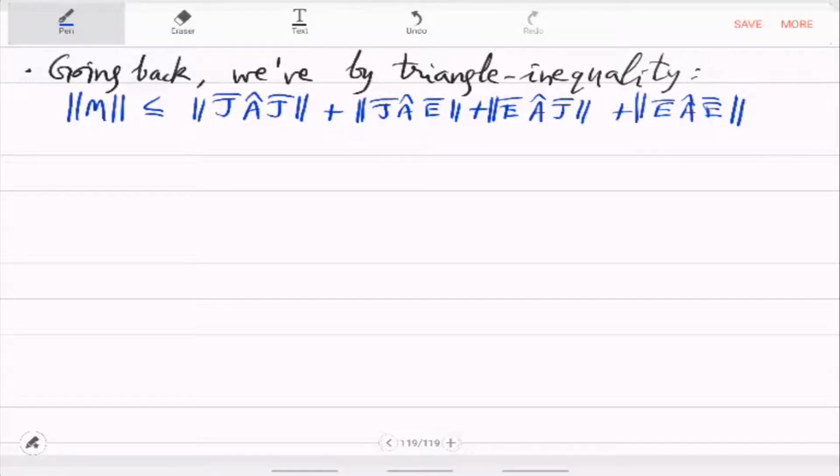And then you use the multiplicative property of norm, which is that the norm of a product is less than or equal to the product of norms. So the first one I don't change, I keep it the same, but the second one I change to that, plus similar things.